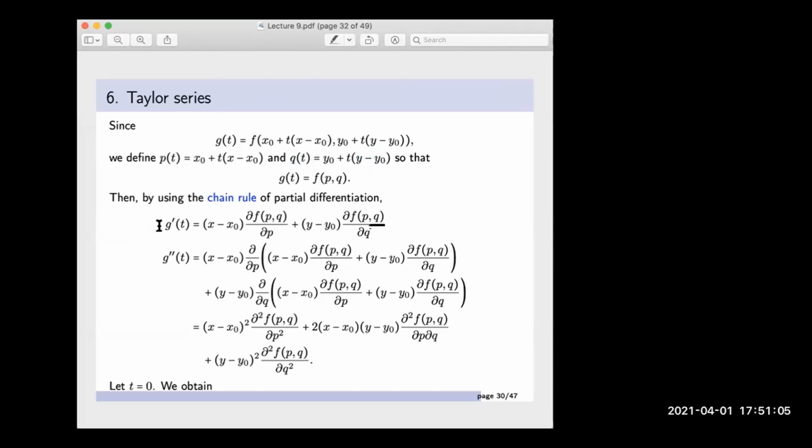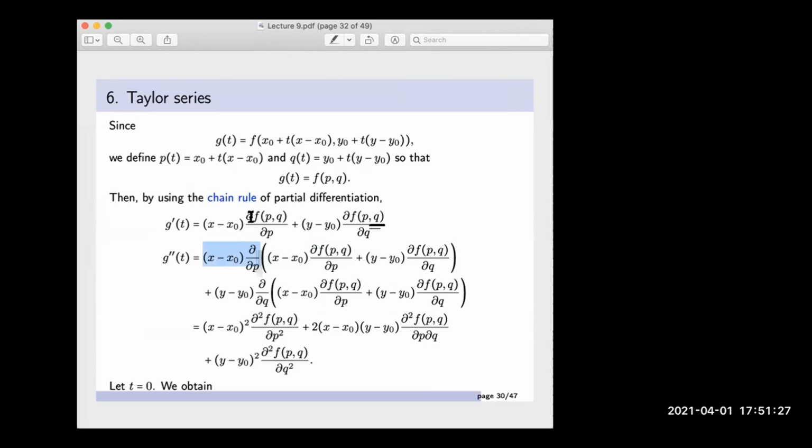Okay, you get a first order derivative of g. This is the expression. You see that if you take one derivative, then it's equivalent to multiplying f by this operation.